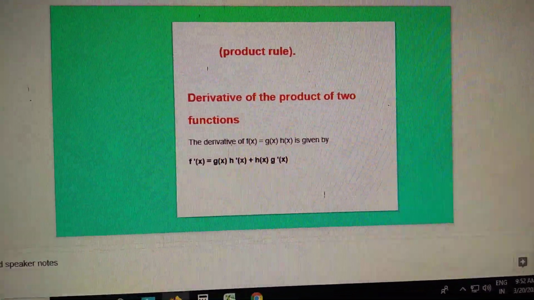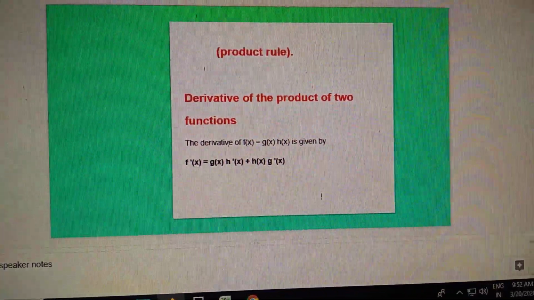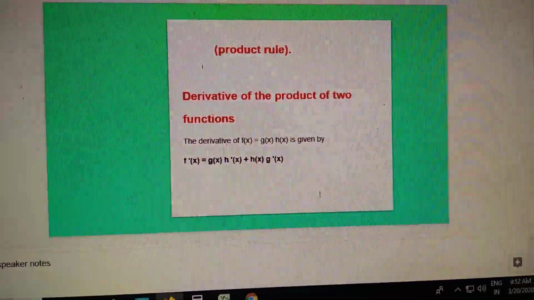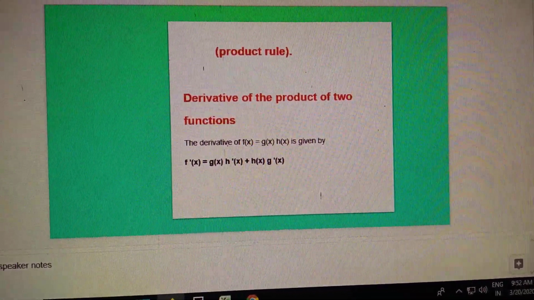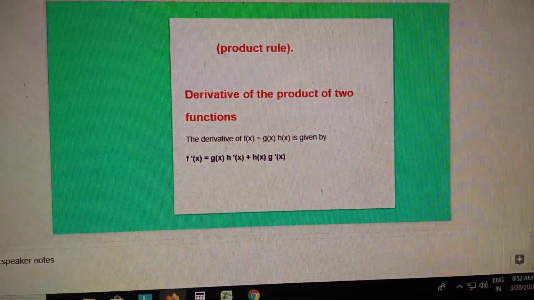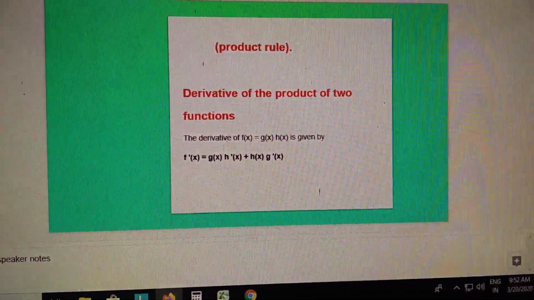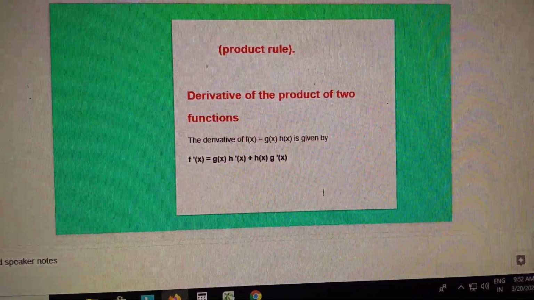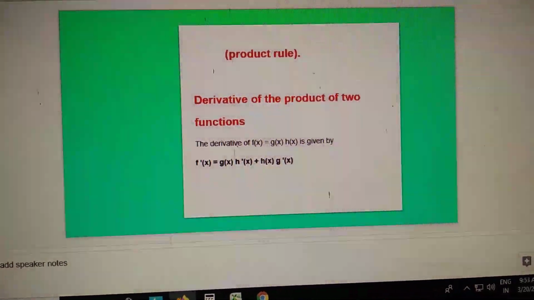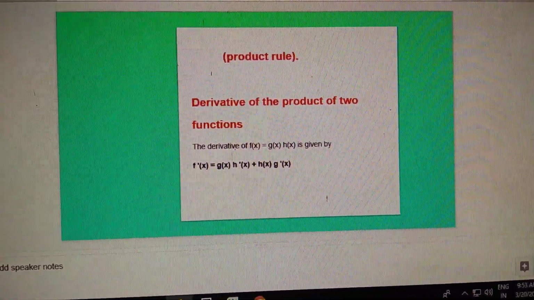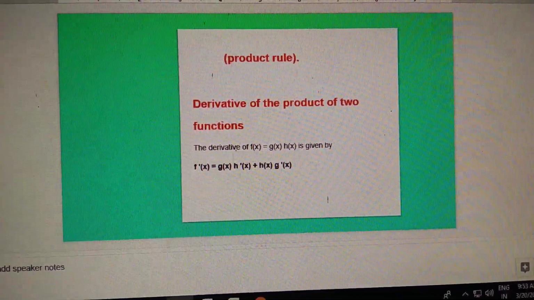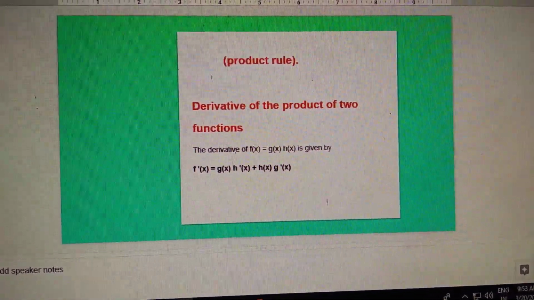If f(x) is the product of two functions h(x) and g(x), then the derivative is taken simultaneously: keeping one function constant and taking the derivative of the other, plus the other way around. Symbolically, f dash x is equal to g(x) into h dash x plus h(x) into g dash x.